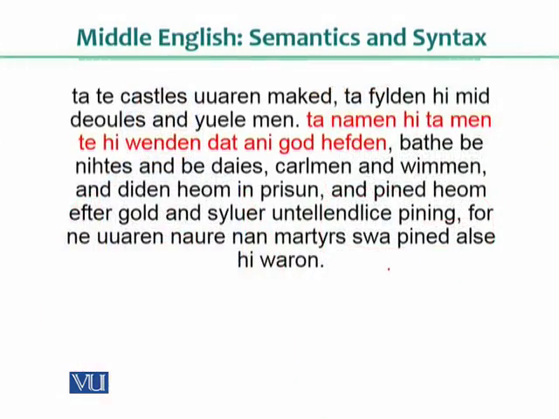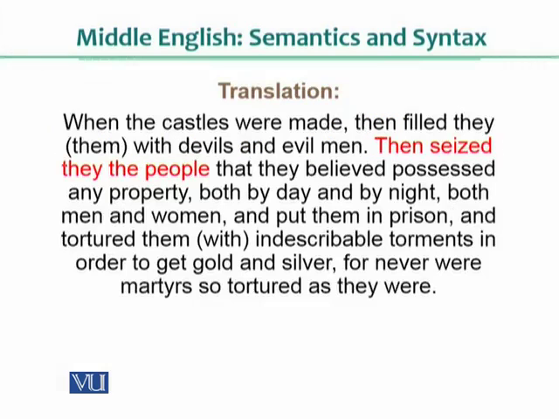I would show you the text. It is the same text, only this time I have highlighted some part in red that shows this structure. When you go to its translation, again I have highlighted in red color for you, then seized they the people. We do not use this structure in modern English.